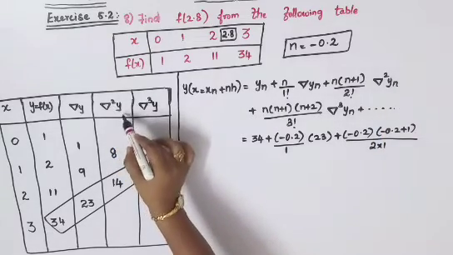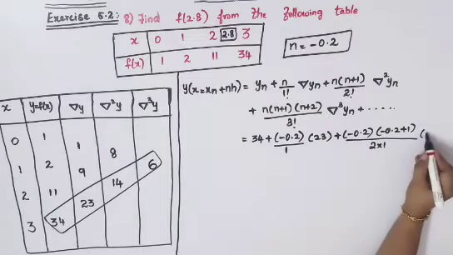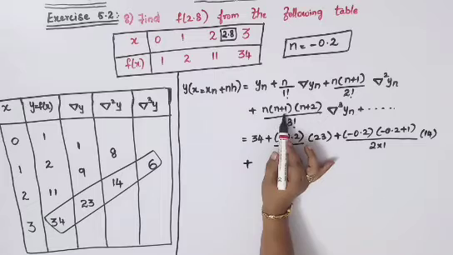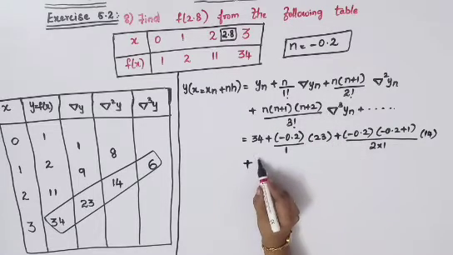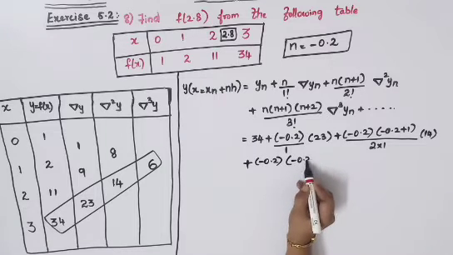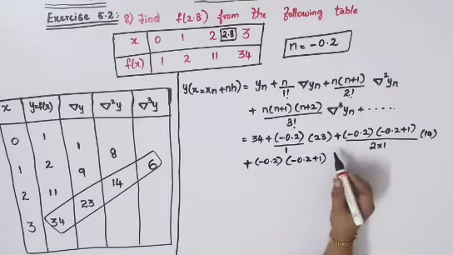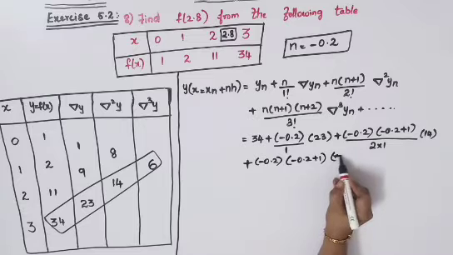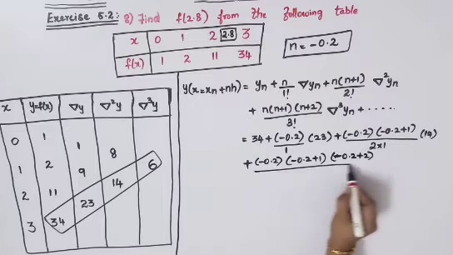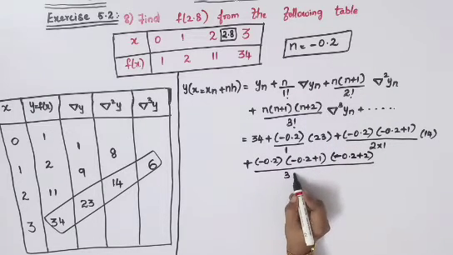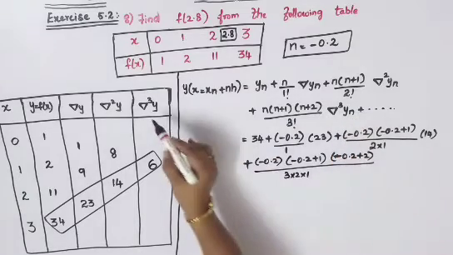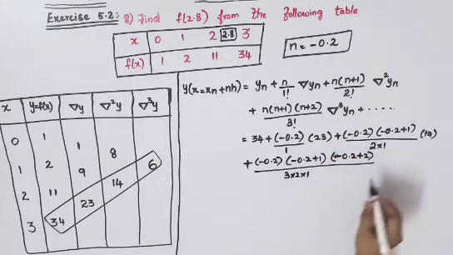So nabla square y last value is 14. Plus n into n plus 1 into n plus 2. So n is minus 0.2, n plus 1 is minus 0.2 plus 1, next is n plus 2, so minus 0.2 plus 2, divided by 3 factorial, so 3 into 2 into 1, nabla cube yn. So nabla cube y last value is 6.